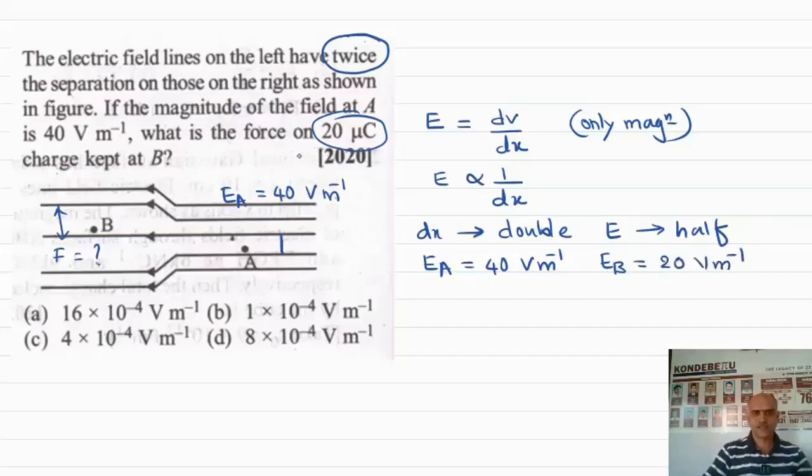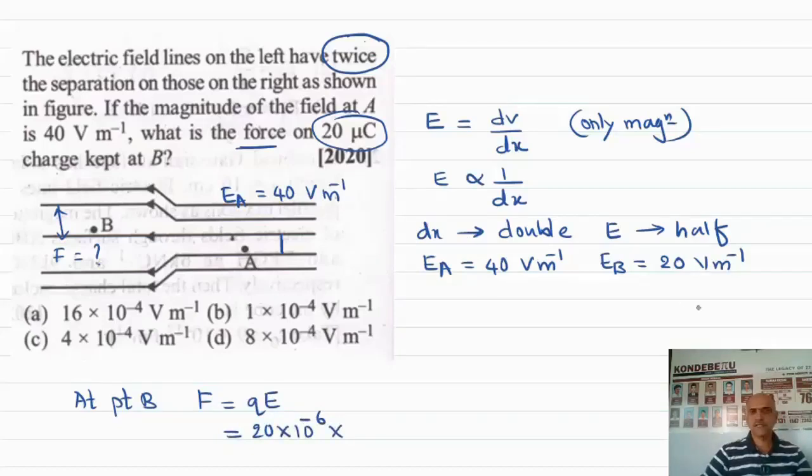Sorry, you are required to find force on charge. So if I take point B, force is given by Q into E. So charge at point B is 20 microcoulomb, 20 into 10 raised to minus 6.